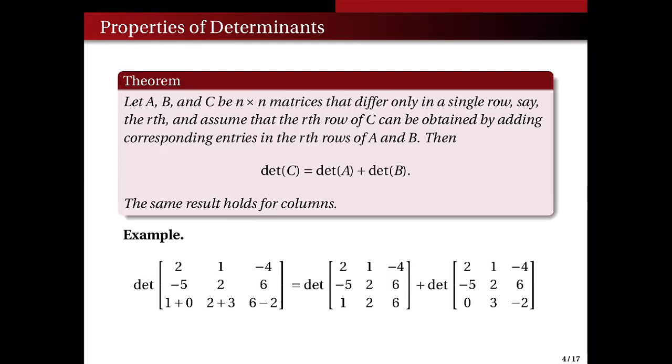On the left-hand side, the decomposed third row is 1 plus 0, 2 plus 3, 6 minus 2. And then on the right-hand side, we take the first addends and put them on the third row of this matrix, and we take the second addends and put them on the second matrix here.